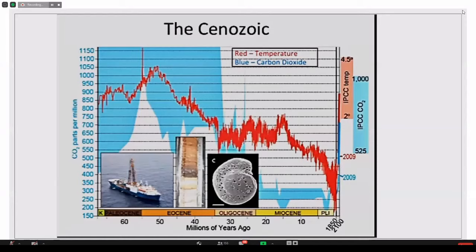Now, for those who don't know about isotope fractionation and how the temperatures are derived, I have a small presentation for that as well. So this is a foraminifera shell.